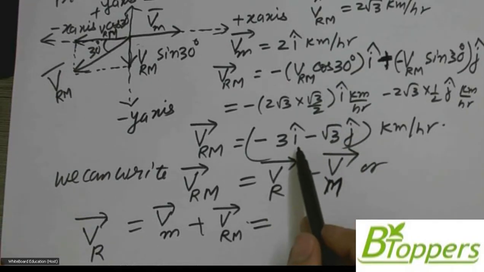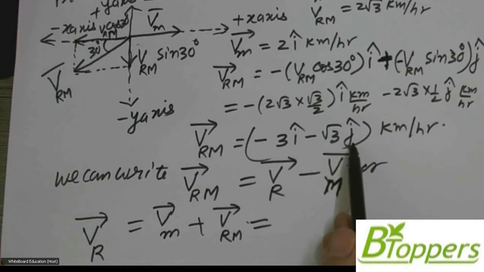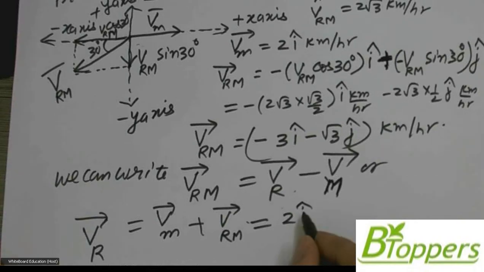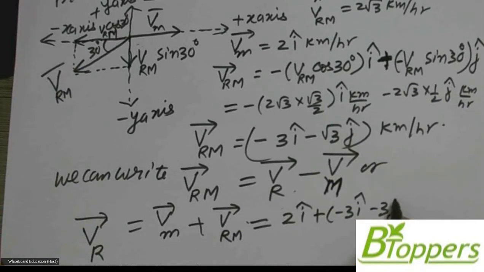The relative velocity of the rain with respect to the man you can substitute as minus 3 i cap minus √3 j cap km/h. Those who want to copy the solution of the problem can pause and copy it.